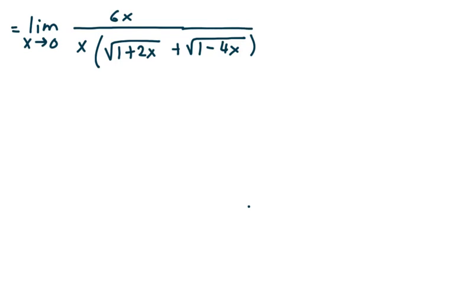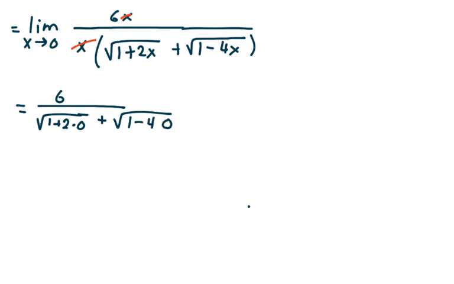I hope that's okay, because watch what happens. The x's cancel, and if I replace the x with 0, I get 6 over the square root of 1 plus 2 times 0 plus the square root of 1 minus 4 times 0, which is equal to 6 over 2, which is equal to 3.